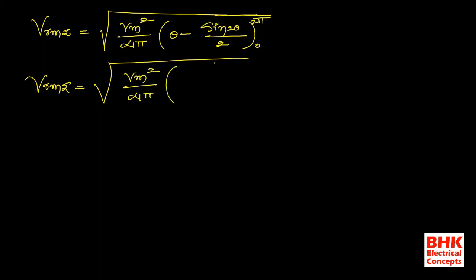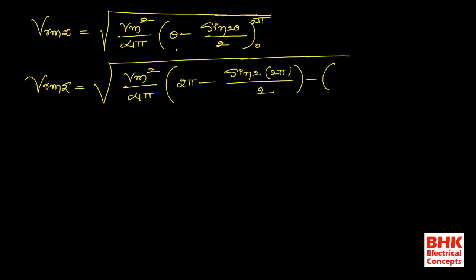By applying limits, so theta, first apply 2 pi, after that apply 0. So here by applying limits you will get 2 pi minus sin 2 theta, that means sin 2 times 2 pi divided by 2, minus, now apply 0 limits, so 0 minus sin 2 times 0 divided by 2.